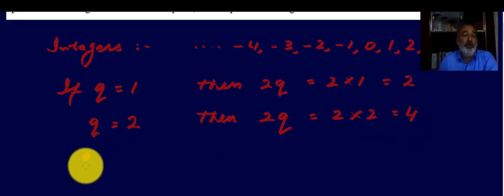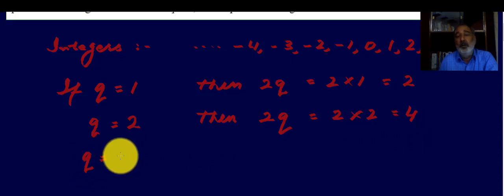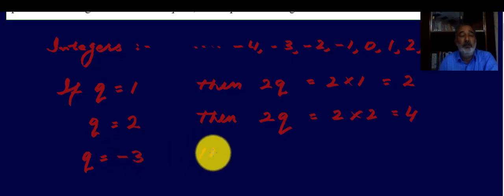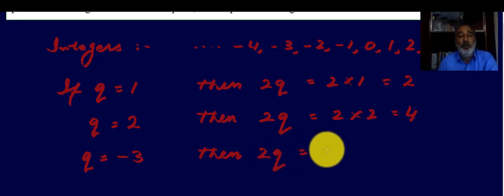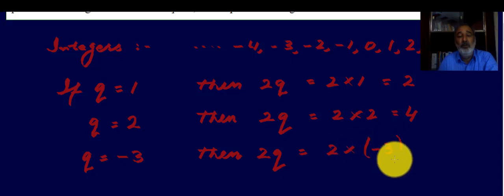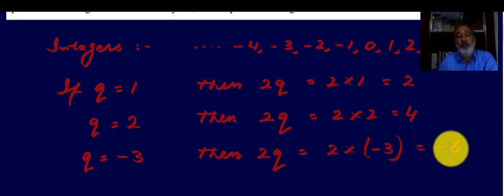Let's try once for negative integers. Q is equal to -3. Then what will be the value of 2q? 2q is 2 multiplied by -3, that is -6.